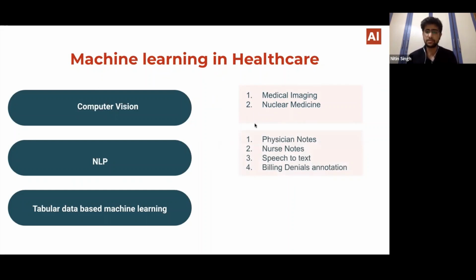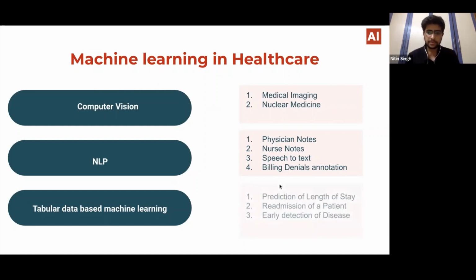NLP is vastly being used these days, especially for physician notes or nurse notes, and any other comments coming from claims or denial annotations. So there is a lot of text data out there to create meaning out of.